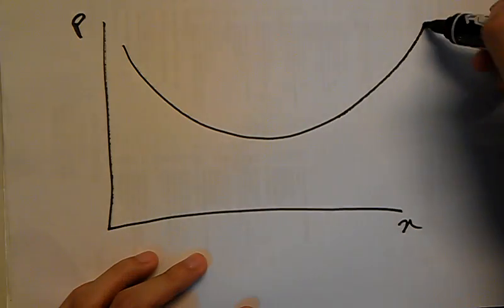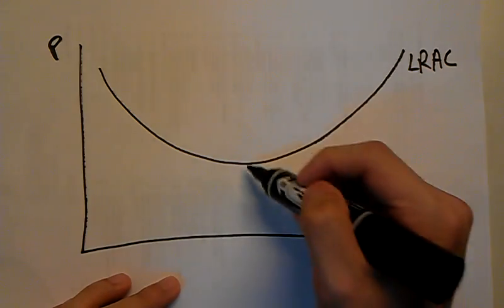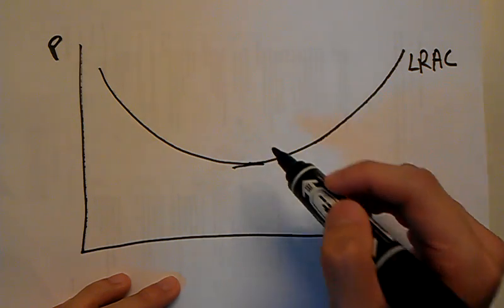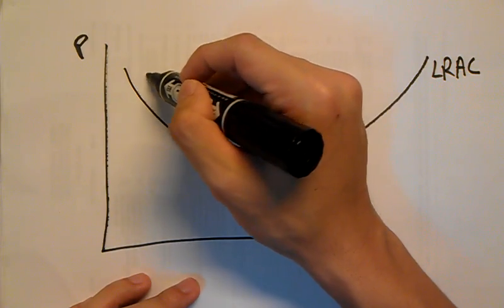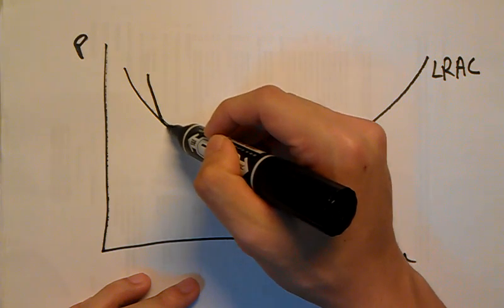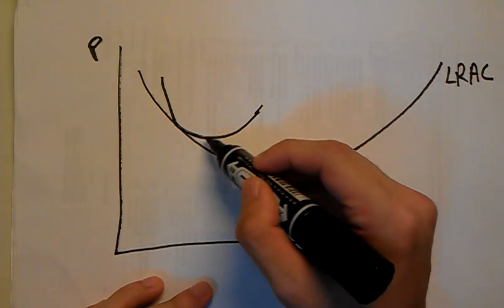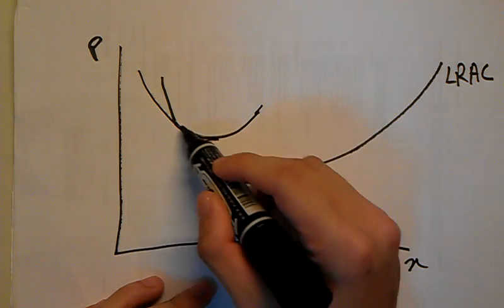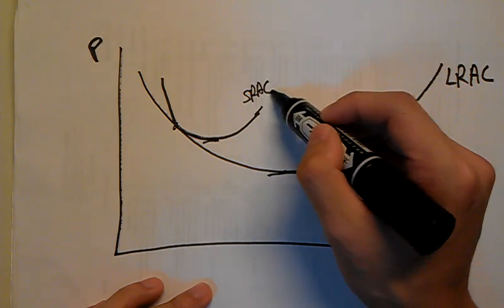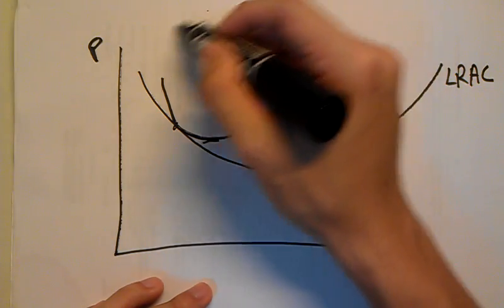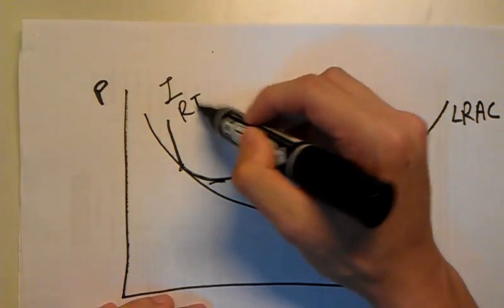When you look at your average cost curve, this is my long run average cost, and this is the minimum point. If the short run average cost curve touches the long run average cost curve like this, with the minimum to the left of the point of intersection, the firm is experiencing increasing returns to scale.